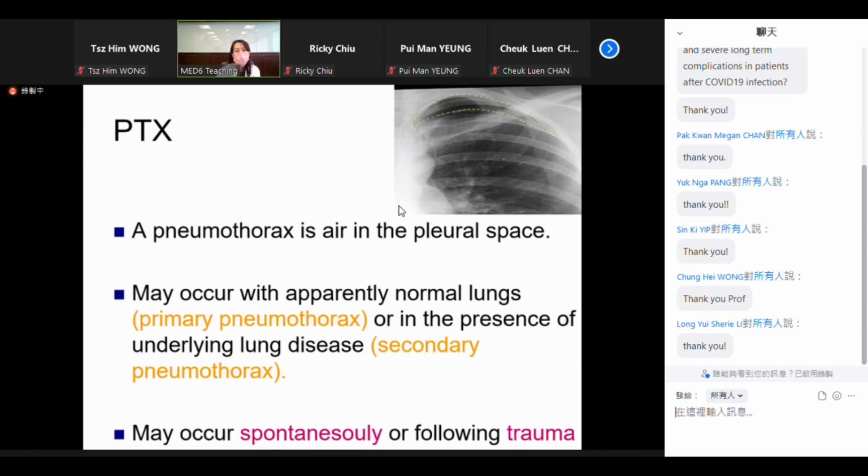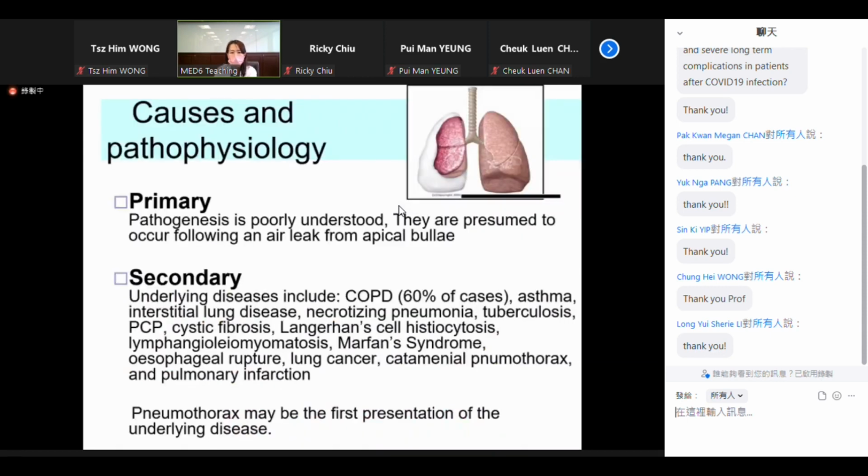So what are the causes of pneumothorax? For primary, the pathogenesis is poorly understood, but it is presumed to occur following an influx of air from the apical bulla. So there is an apical bulla in the anatomy, and then suddenly it bursts, and there's an air leak that causes the primary spontaneous pneumothorax.